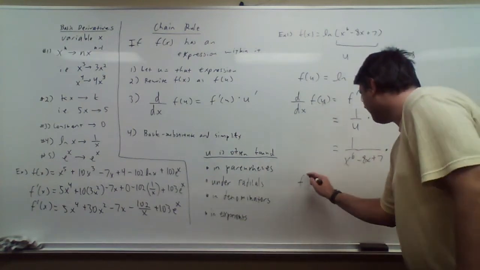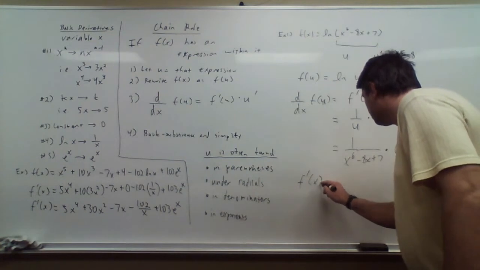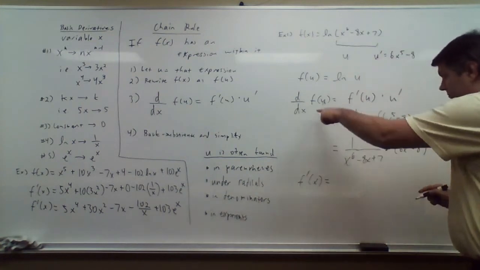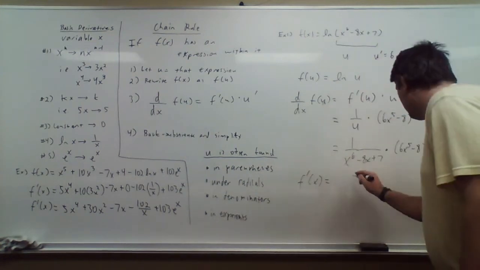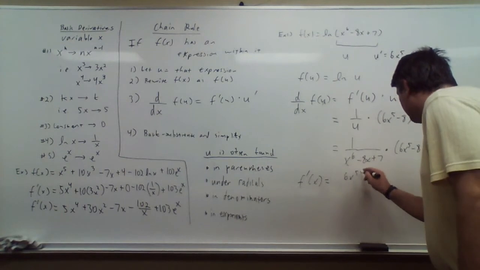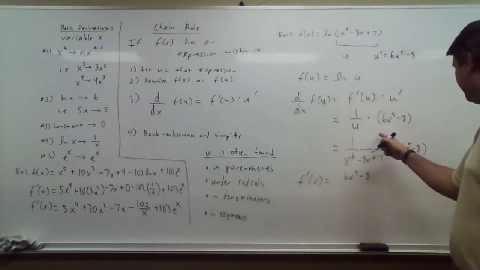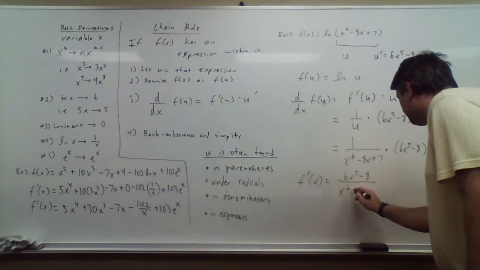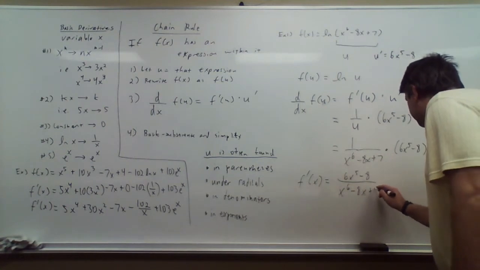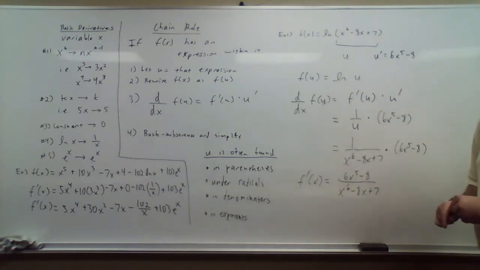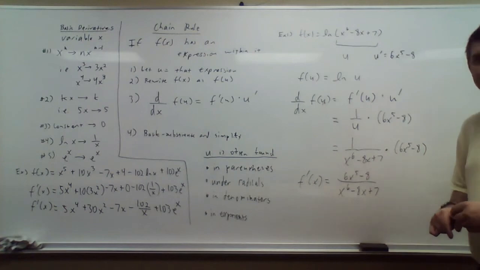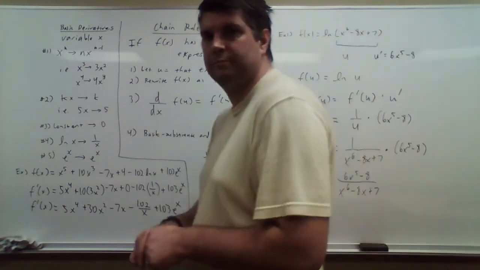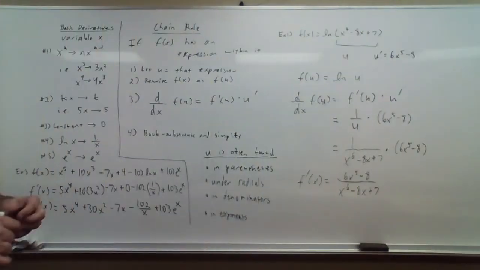So f prime of x is going to be 6x to the fifth minus 8 times 1 over x to the sixth minus 8x plus 7. Okay? All right.